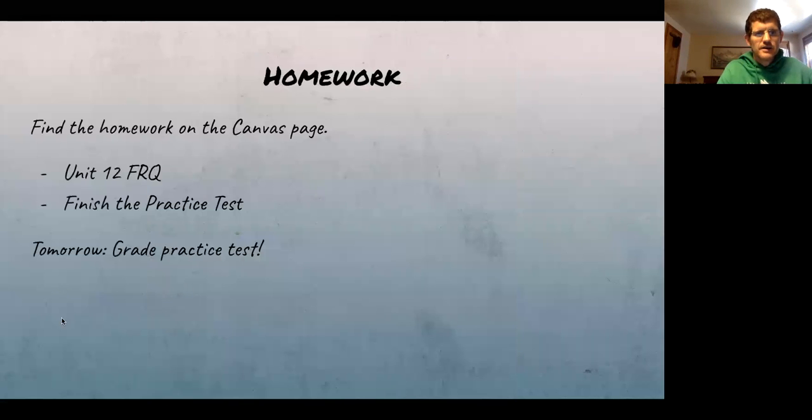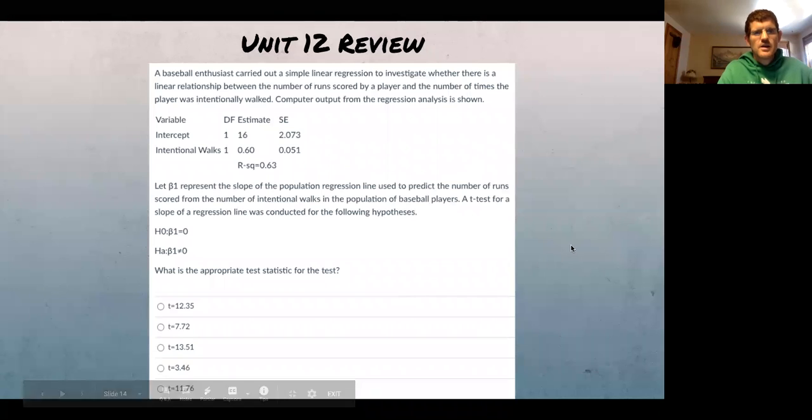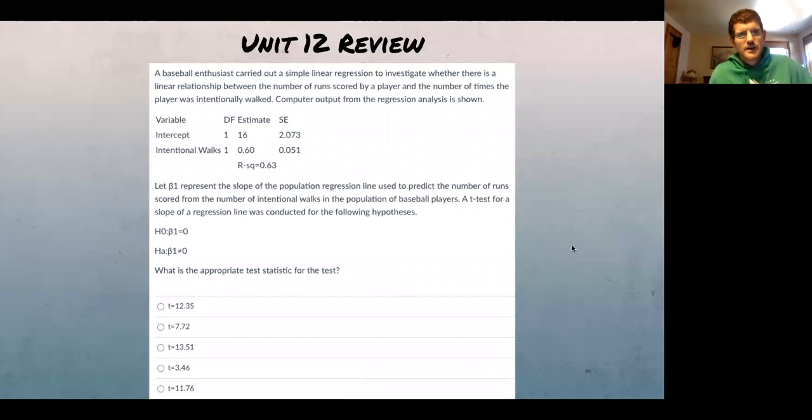And I believe this is the last one we're looking at, guys. Here we've got a baseball enthusiast carrying out a simple linear regression to investigate whether there's a linear relationship between the number of runs scored by a player and the number of times a player was intentionally walked. Computer output from the regression analysis is given.